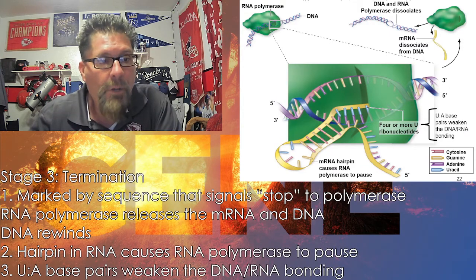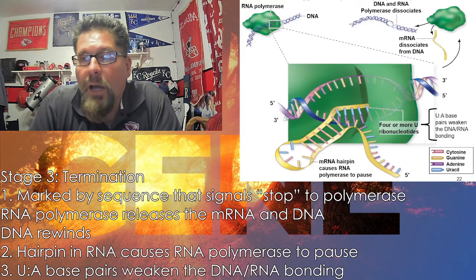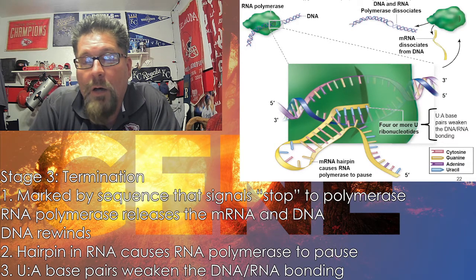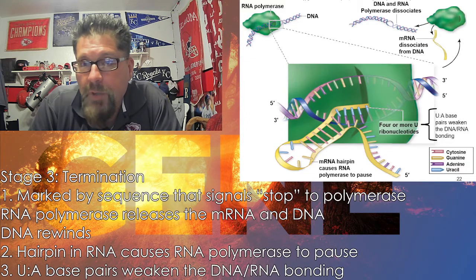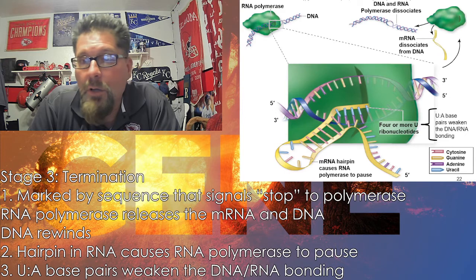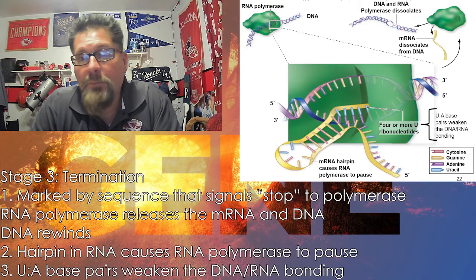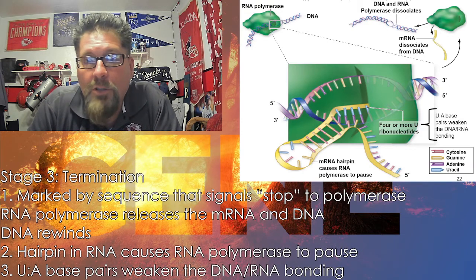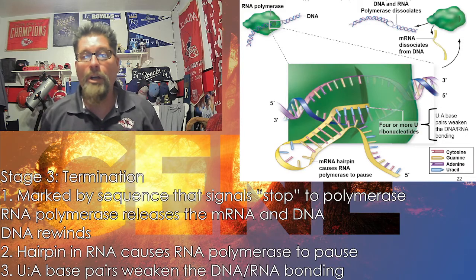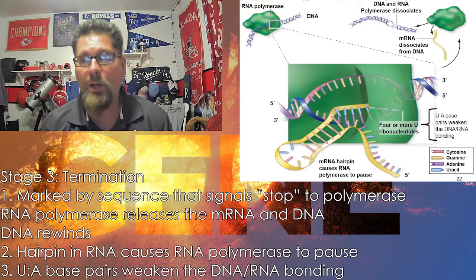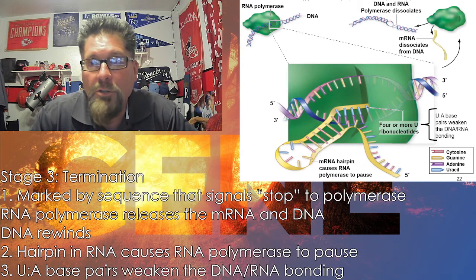All right, the idea of termination. Checking my slide here. Yeah, I think I almost got off there. The idea of termination. Now here visually you can see a major difference. You can see what the RNA strand is doing there in the diagram. Of course, the termination begins when you reach that stop codon, just like with eukaryotic cells. DNA rewinds, polymerase jumps off the RNA strand, but then you can see the RNA strand in prokaryotic cells kind of folds onto itself.